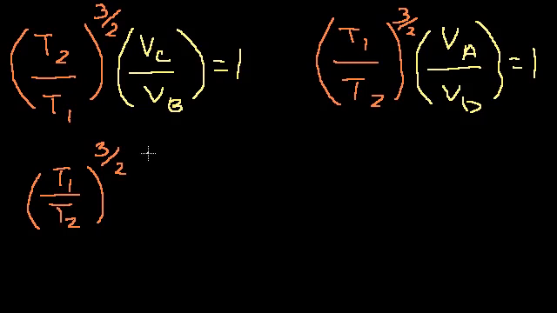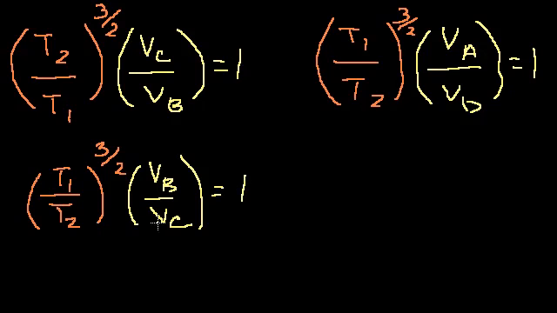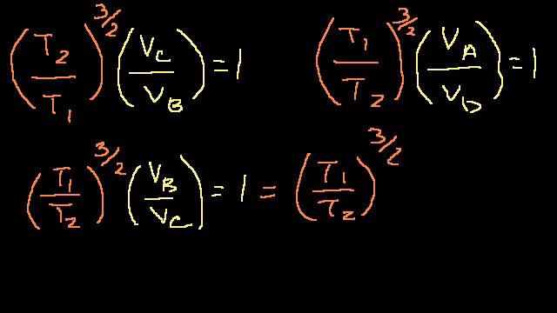And we're taking both sides to the -1 power, so we're going to have to take this to the -1 power, VB over VC. And when you take the reciprocal of 1, that just equals 1. That still equals 1, which this also equals. So we could say that equals this thing over here. So that is equal to T1 over T2 to the 3/2 power times VA over VD.